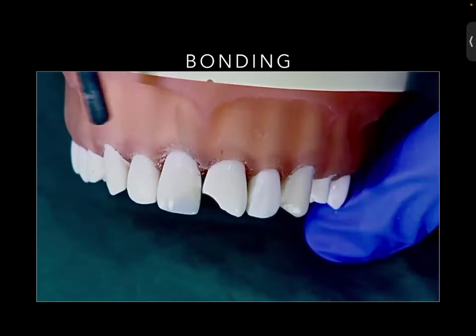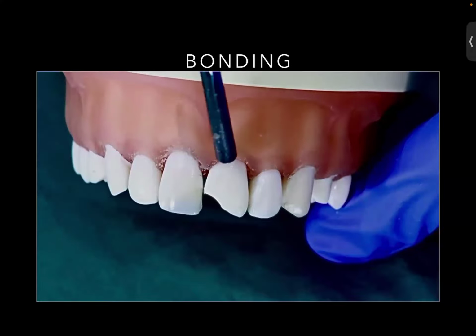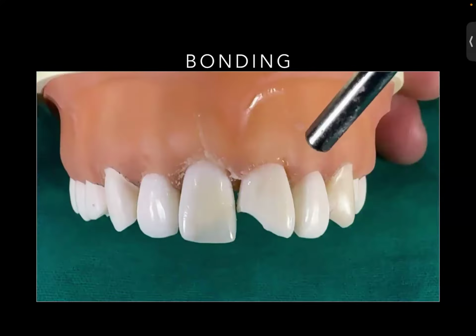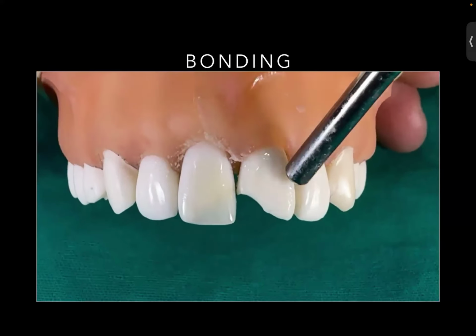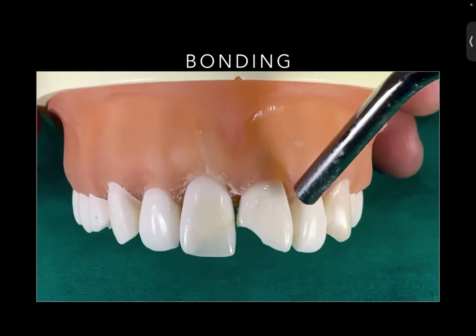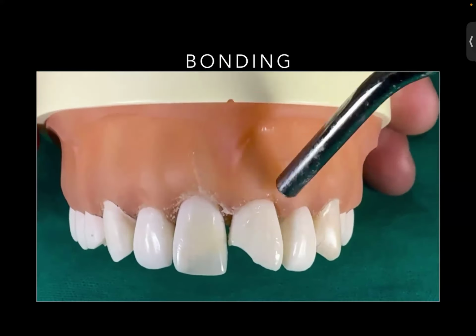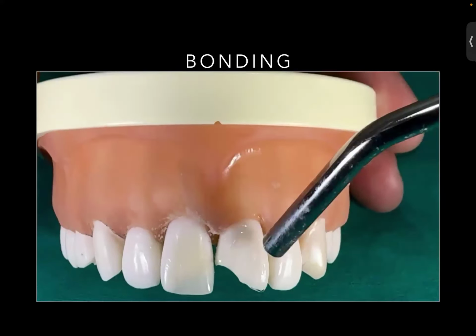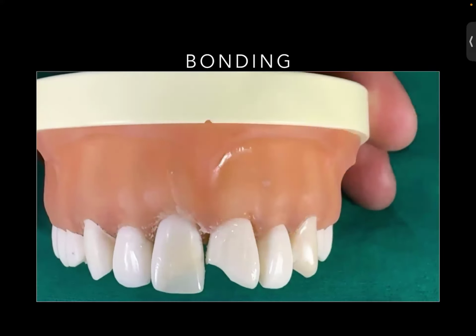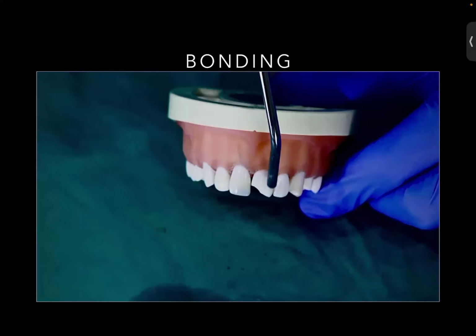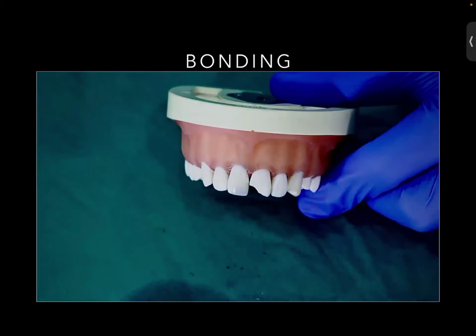And now after this, with the help of air spray, you remove the excess solvent. You see that rippling effect happening on the tooth surface. You need to keep doing it with gentle airflow, obviously, until the rippling effect stops. Once it stops, you know that excess solvent is now dissolved. It is gone. It is evaporated. So now you can go ahead and cure this.